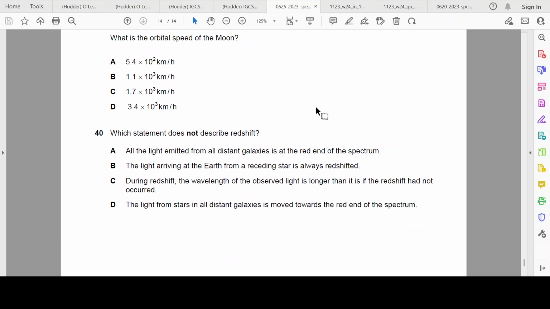Which statement does not describe redshift? So you're looking for the wrong answer. A little brief on redshift, if possible. When an object emitting light is moving away from you, red has the longest wavelength.